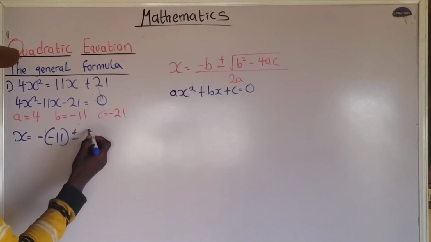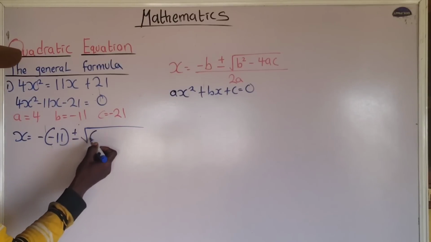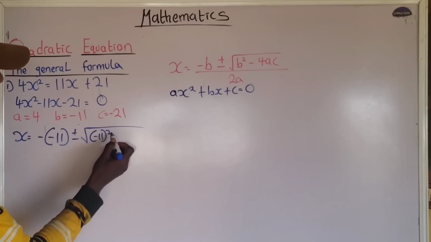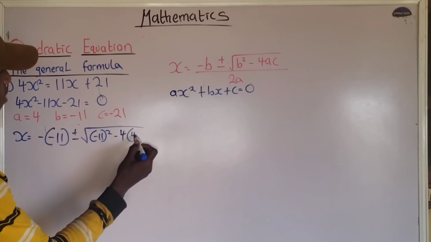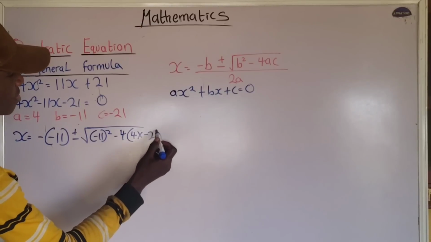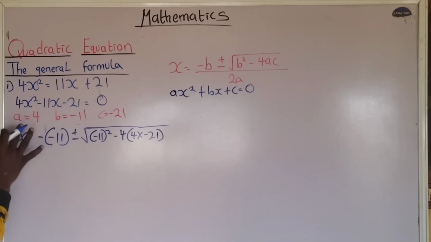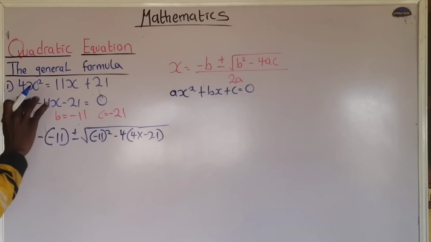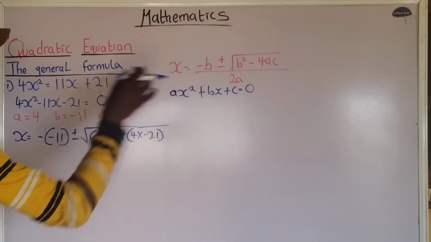Plus or minus the square root of b squared. B is negative 11, so I'm going to have minus 11 squared, minus 4 multiplied by 4 multiplied by minus 21, because C is negative 21, and A is 4. Hello? See, all this is simple. All I did is substitute the values of A, B, and C into the quadratic formula.